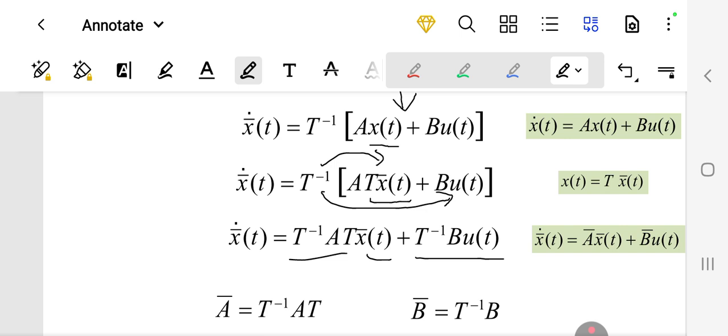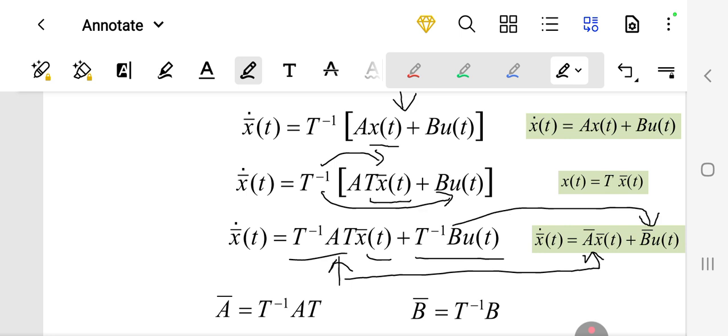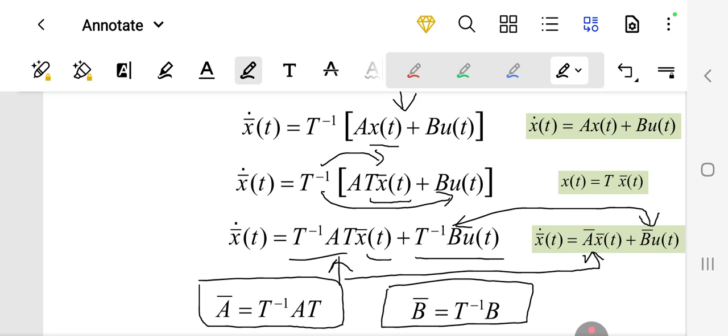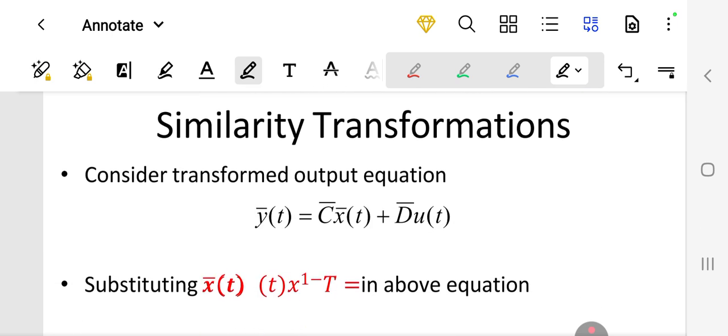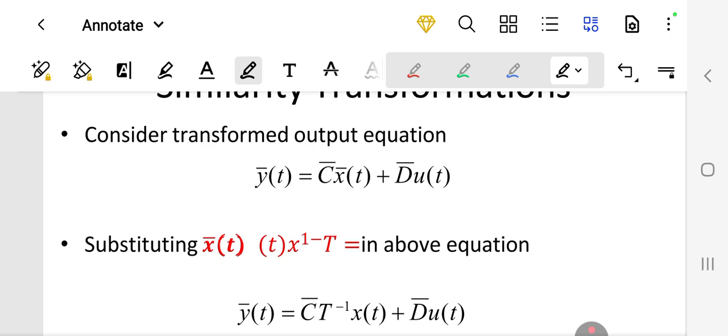Now we have T inverse A T equal to A hat in the new state space model, and T inverse B equal to B hat in the new state space model. Therefore, A hat equals T inverse A T and B hat equals T inverse B, the new matrices for the new state space representation. Now we consider the output equation y hat equals C hat times x hat plus D hat u.